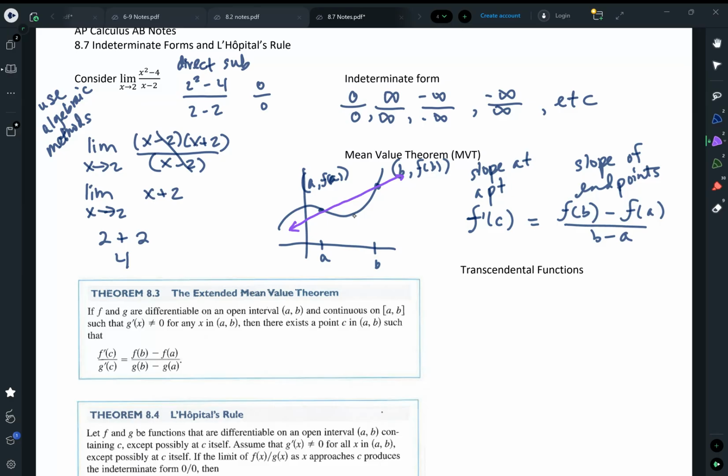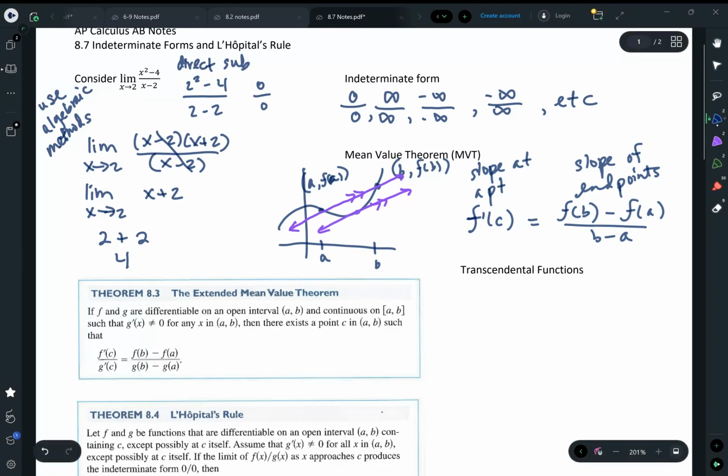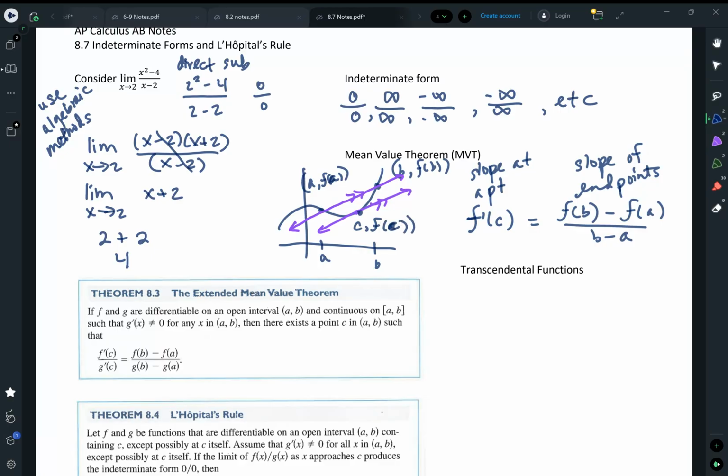So there's going to be some point C where my slope at a point, my tangent line, and the endpoint line have the same slope. So these two lines are parallel. And this point is going to be C comma f of C. So that was our mean value theorem.